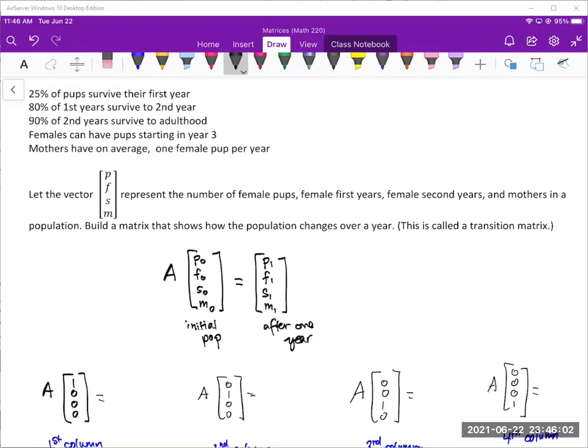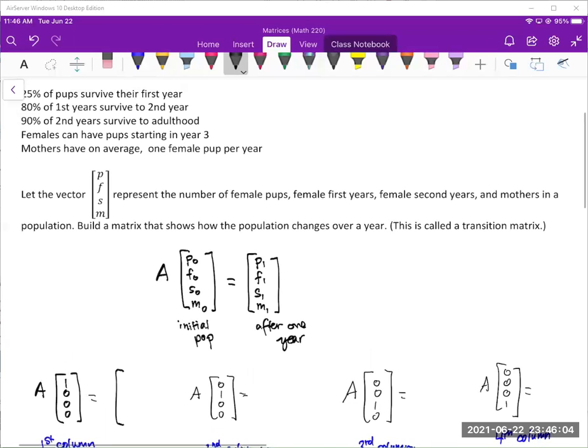So we have no pups. 1 year later, we see 25% of our original set of pups have survived. And we didn't have any first years, so there are no second years. We didn't have any second years, so there are no mothers, and so we don't see any mothers.